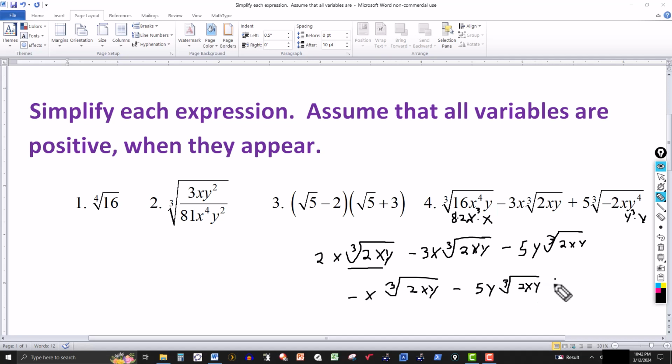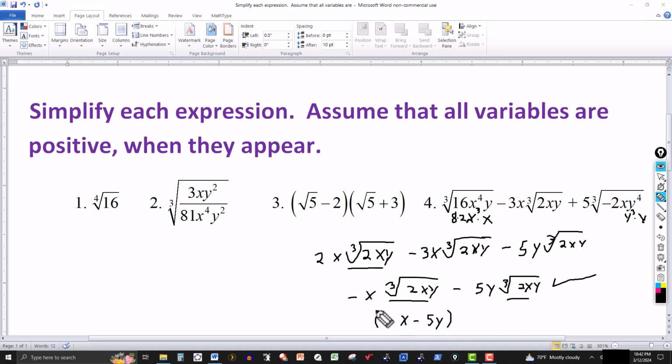Now this could be given as your answer right here. If they tell you to factor it, notice here we have a common term, the cube root of 2xy. So we could factor that out, and this could be left as minus x minus 5y in parentheses. So took out the cube root of 2xy.